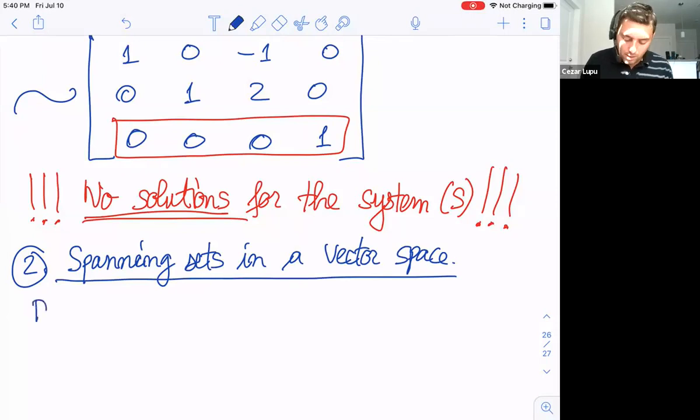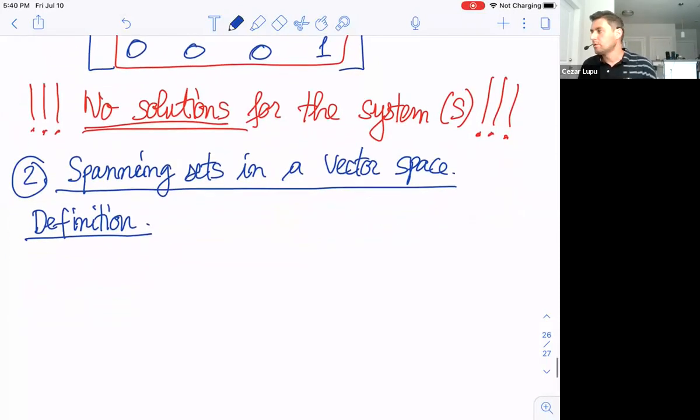Let's again start with the definition. So the definition is the following.